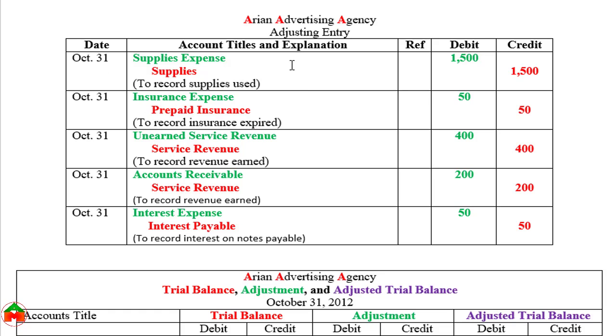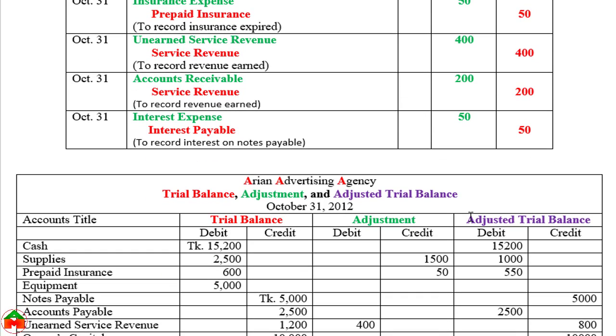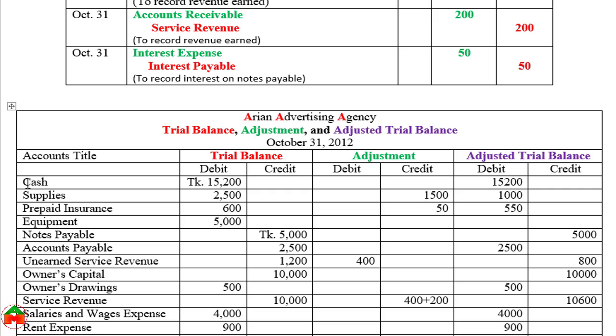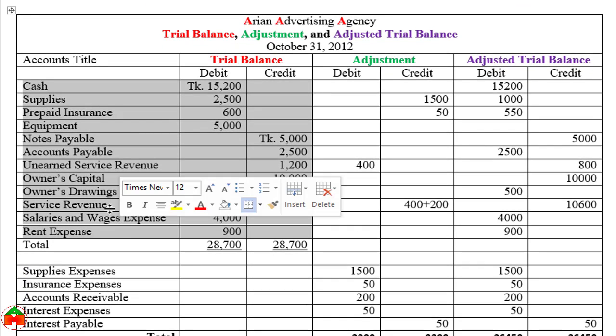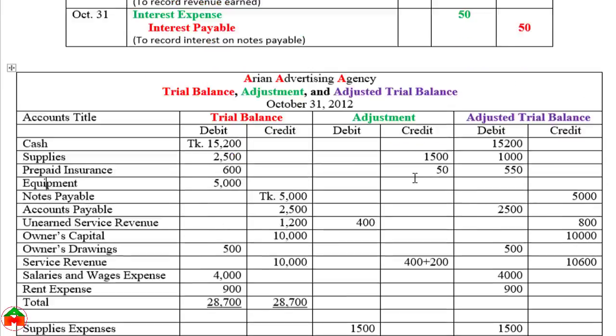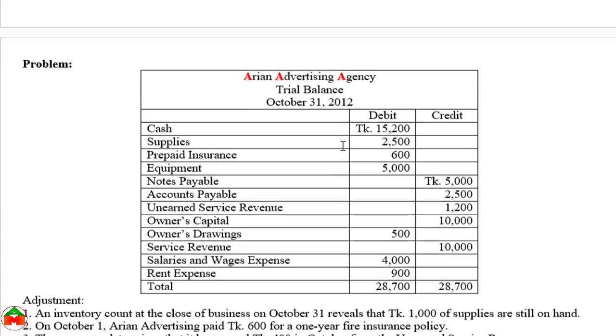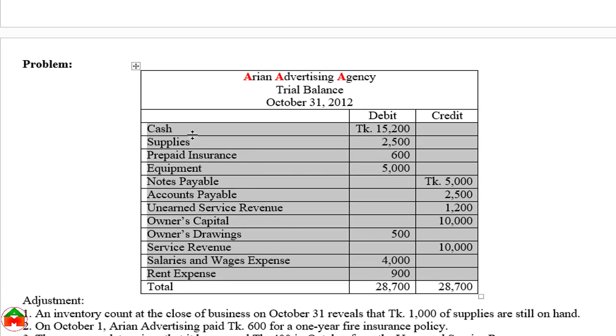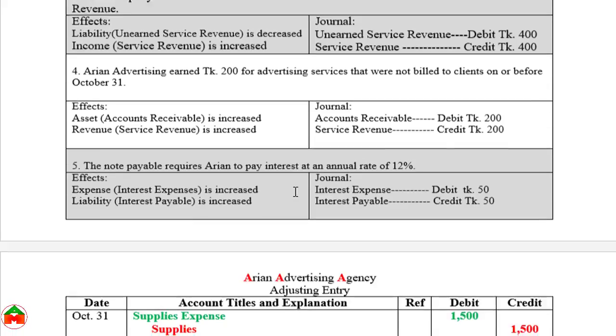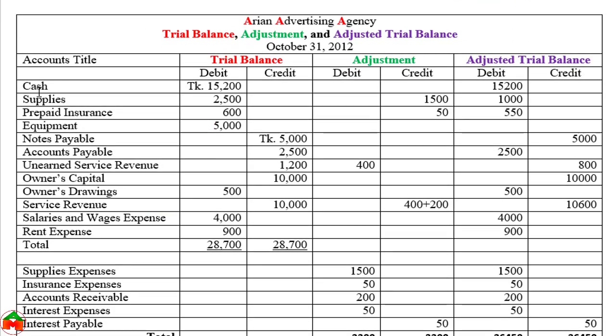From these adjusting entries we will prepare the adjusted trial balance. To prepare the adjusted trial balance, I have again taken the ledger balances from the trial balance.